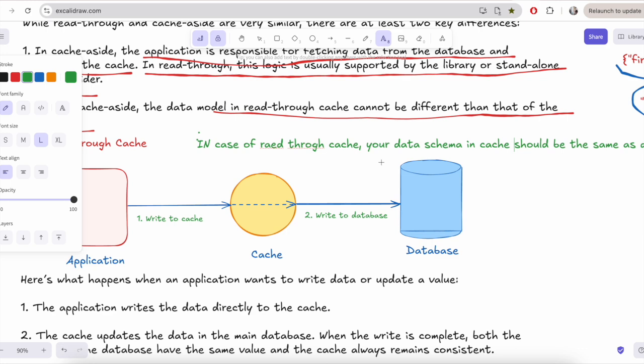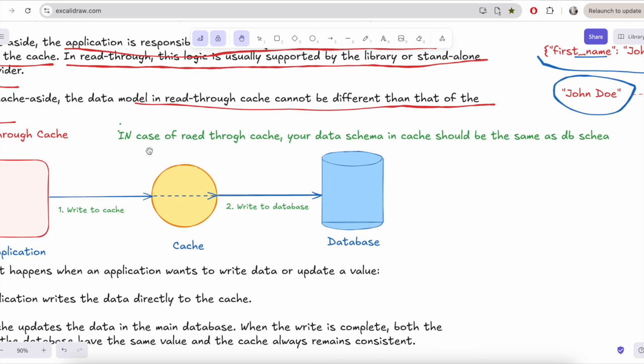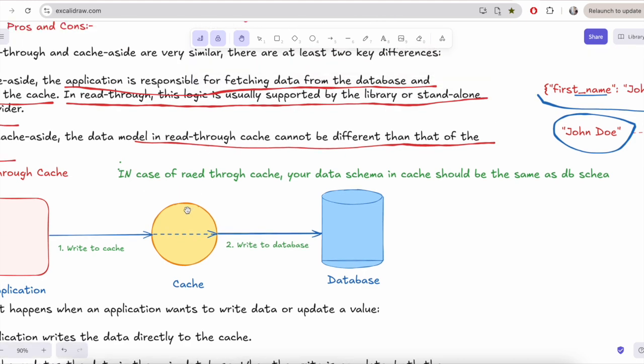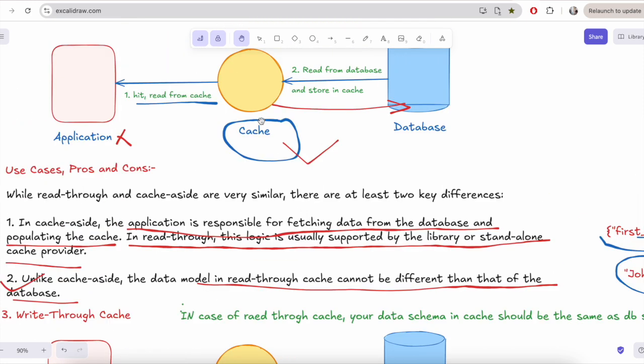So this is one of the major things you have to keep in mind. In case of read through cache, our cache library or cache provider is the one which gets the data from the database. So here both the data should be in the same format.